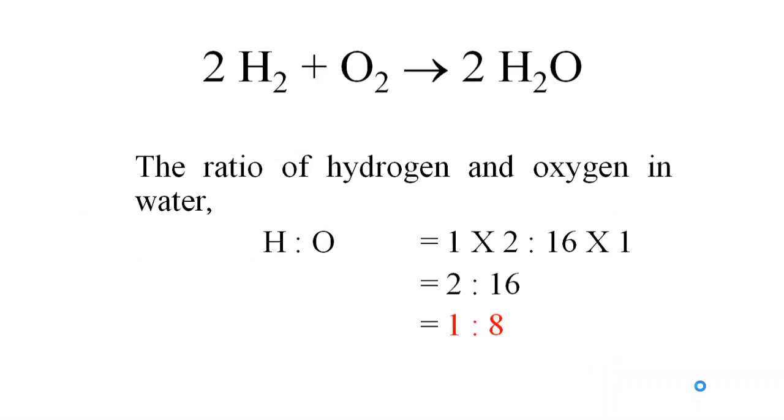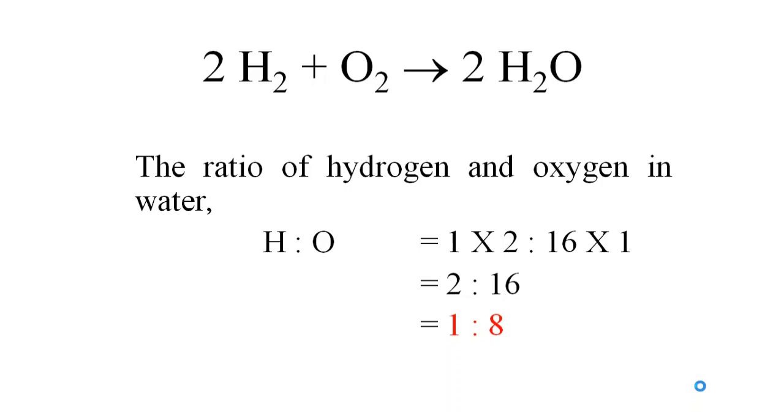Now, hydrogen and oxygen combine to form water. In water, hydrogen and oxygen have combined in the ratio 2:16 or 1:8. Since the two ratios are the same, the example illustrates the law of reciprocal proportions.